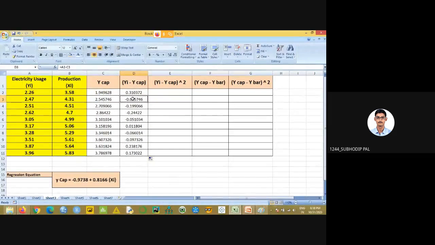For the second one, the yi value is 2.47 minus 2.5457. Everyone clear? You can expect this as a 20 marks problem in your semester. If you are not getting it, you can tell me.